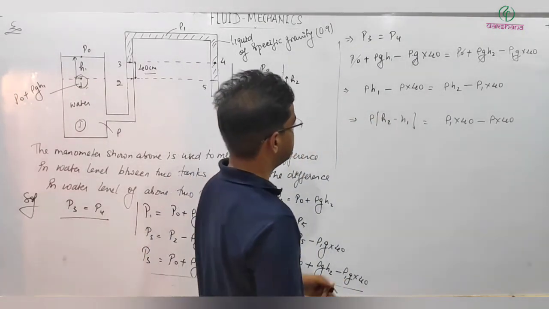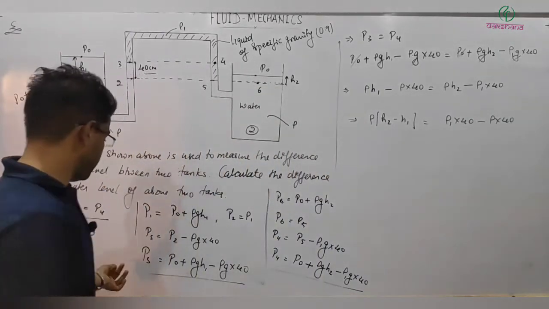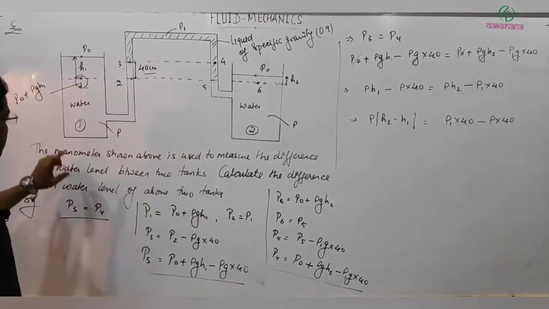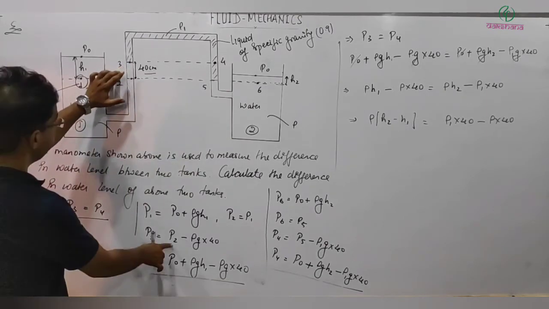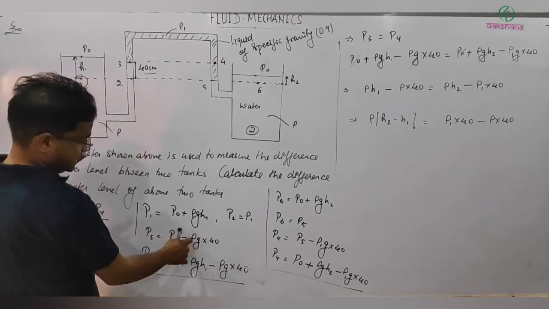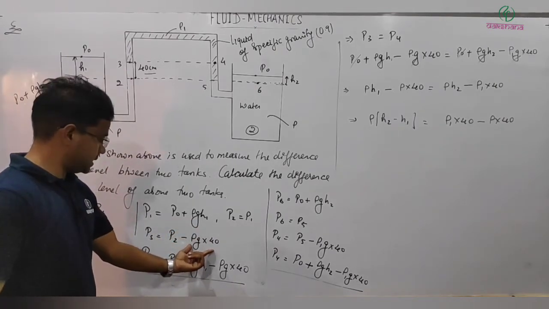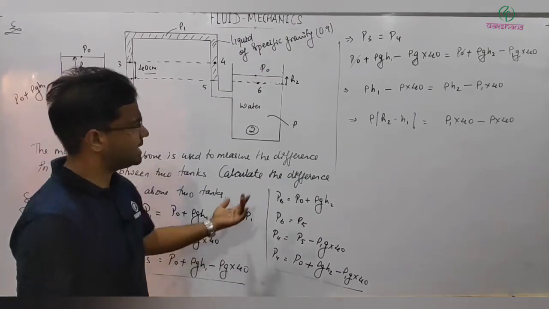Right. Let me just check the calculation part. Here we got P3 equal to P2, and P2 is equal to P1 equal to P0 plus rho G H1. Yes, that's correct. So we are okay.